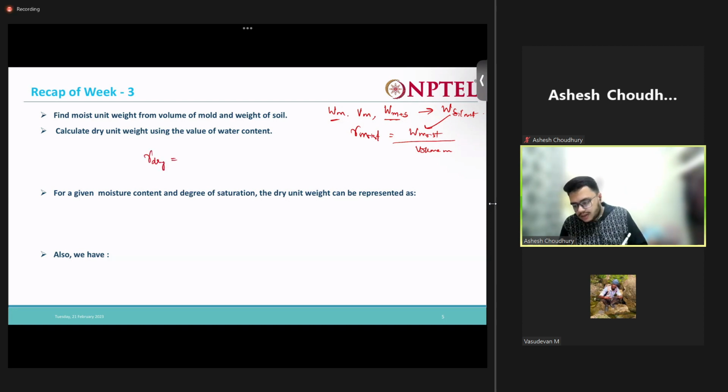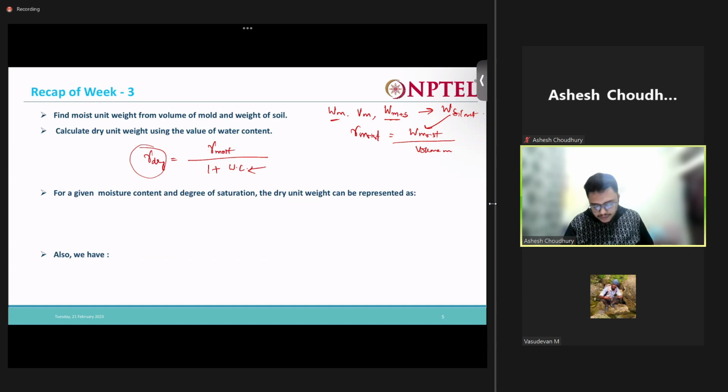So we have used this formula many times. What is gamma dry? It is nothing but gamma moist divided by 1 plus water content, right? So if we know the water content, we can easily find the dry density, right?